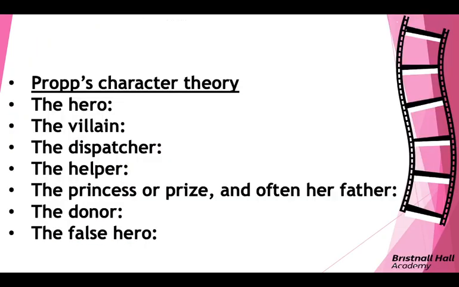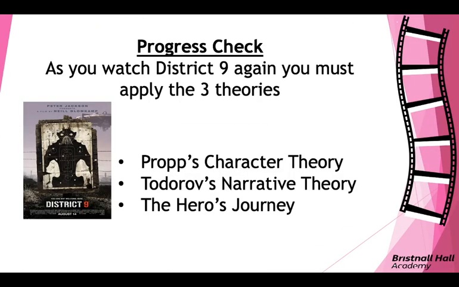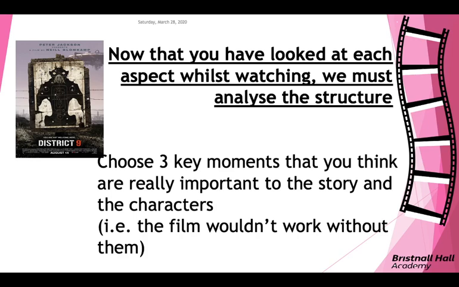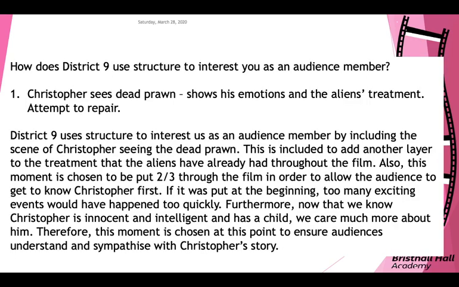So explain how the three moments in the film fit into the character theory, fit into Todorov's narrative theory, or fit into Campbell's hero's journey theory. This is going to be the most difficult progress check you've probably done, and because you're doing this remotely, I'm expecting you to struggle somewhat.